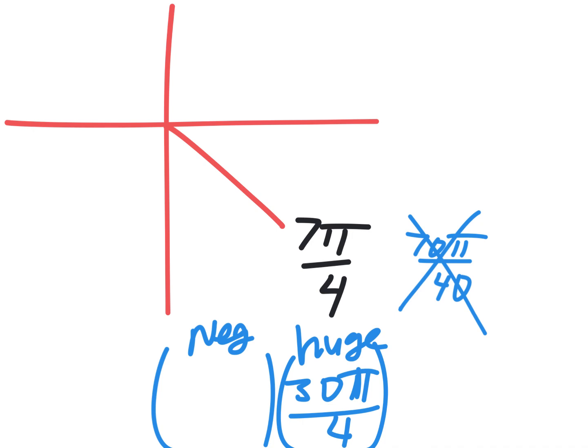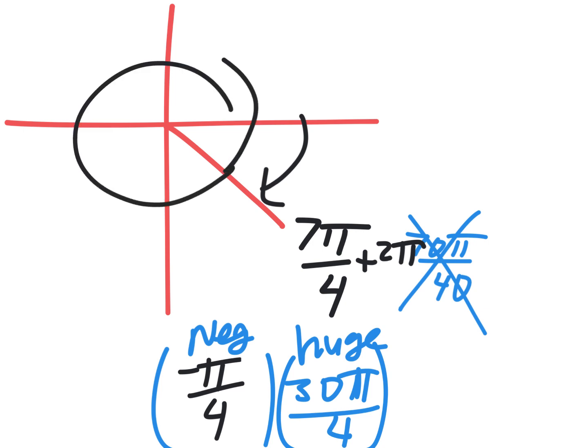I'm pausing for a second while you try that. Okay, so for the negative one, it's pretty simple. You just go this way, and it's still pi over 4s, so I'd say negative pi over 4. And then to get the huge one, I would take my 7 pi over 4, and I would add 2 pi to it. Because you're just going to go this way in the first place, and then you go all the way around a whole other circle, which is 2 pi.